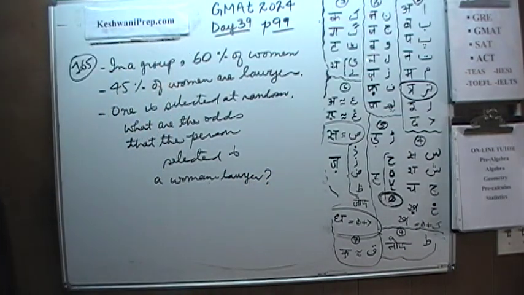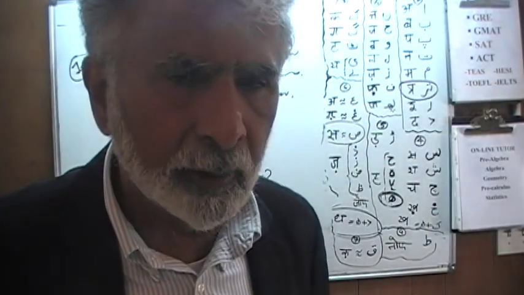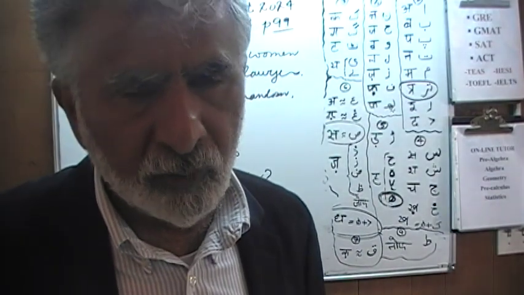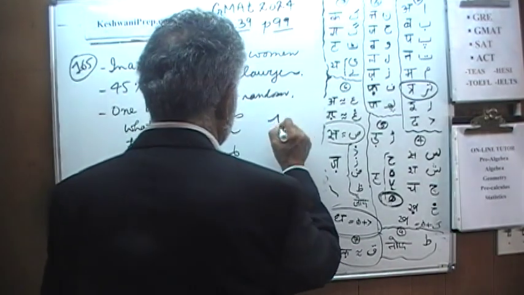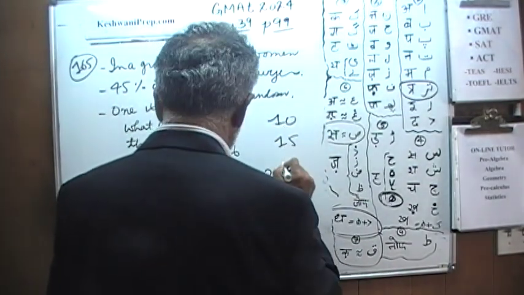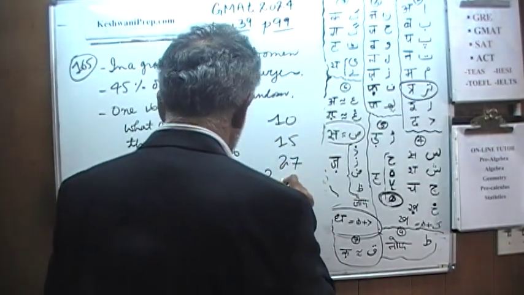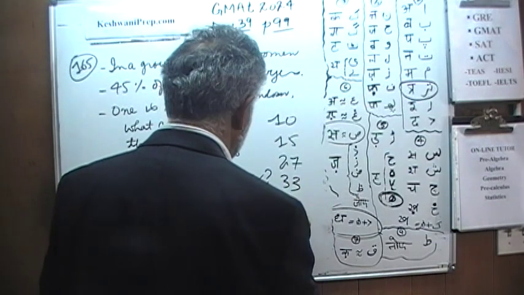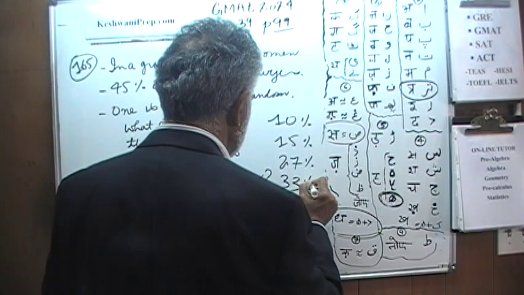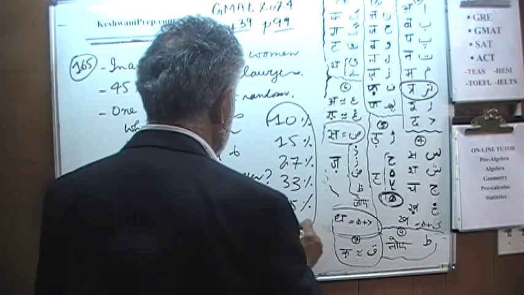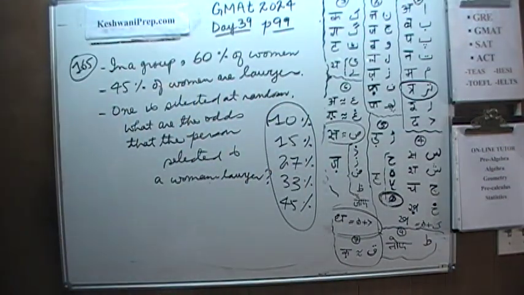What are the odds that the person we're going to select at random out of this group happens to be not only a woman but also a woman lawyer? Here are the answer choices: 10, 15, 27, 33, and 45. And of course they all have percentages next to them. Go ahead, do it yourself.